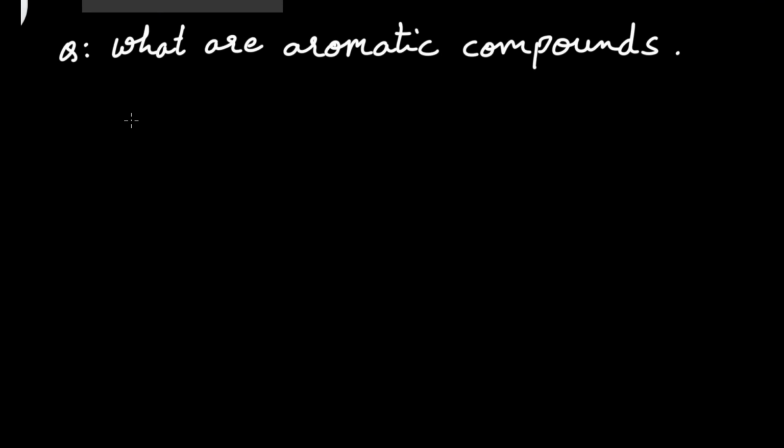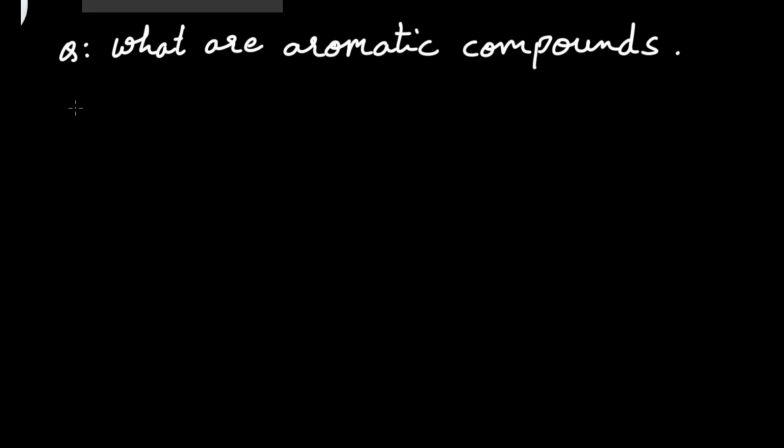The parent member is benzene. This is one of the definitions of aromatic compounds, but there is no need to go for the definitions. We will go for the conditions which lead any molecule to be aromatic or not aromatic. We will talk about the conditions which tell us whether the compound is aromatic or non-aromatic.